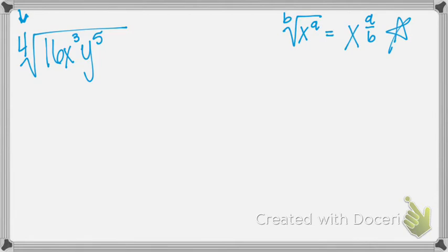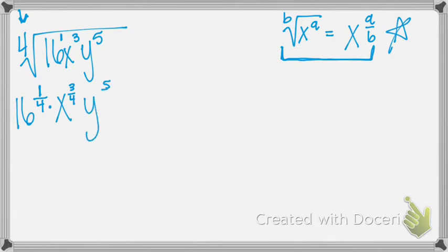Well, remember this rule? Here's where it comes in handy. So we have a 16 to the 1/4 power, because what exponent is on that 16 we don't write? A 1. Then we have x to the 3/4 power. And then we have y to the 5/4 power. Okay? Now, we must simplify.